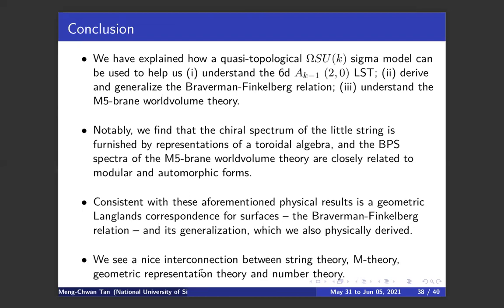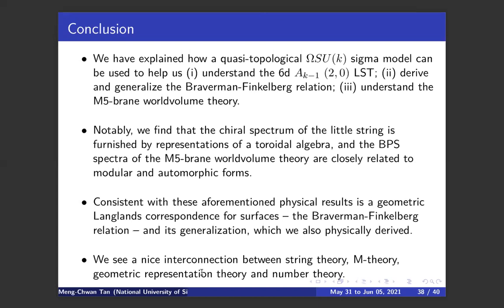Notably, we find that the chiral spectrum of the little string theory is furnished by representations of a toroidal algebra. So its stringy degrees of freedom can be associated to representations of toroidal algebra. And the BPS spectra, the half and the quarter BPS spectra of M5-brane world volume theory, is closely related to modular and automorphic forms.